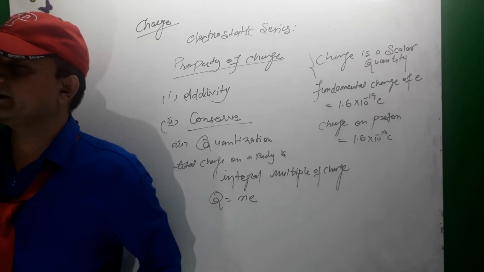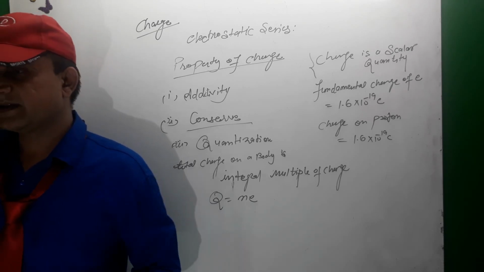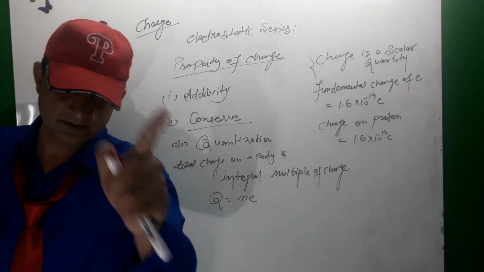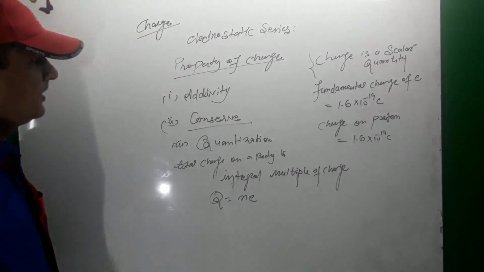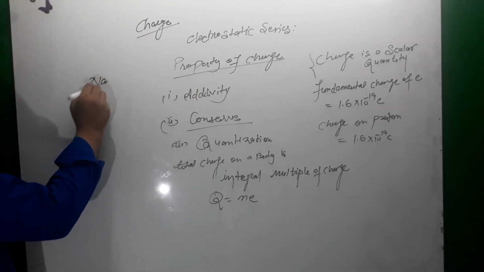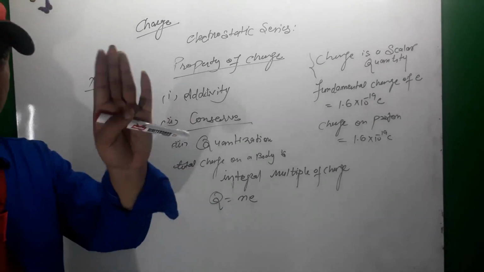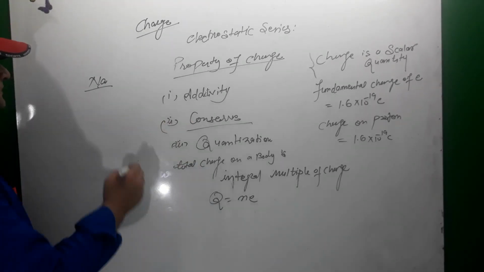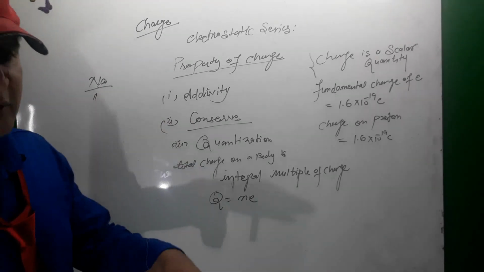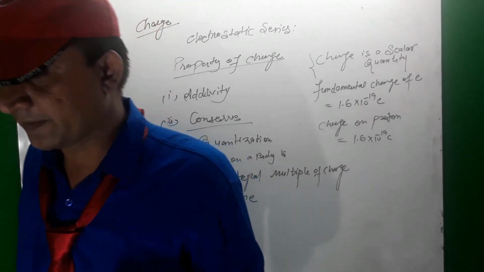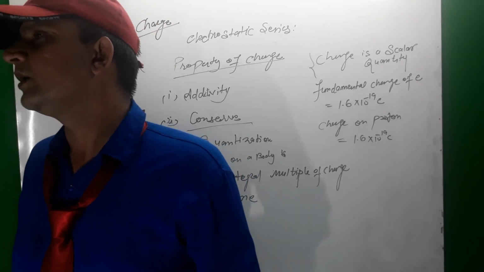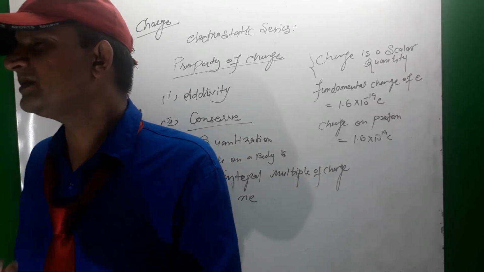So what are you understanding? I take one example. How many electrons does sodium have? 11. Now I am going to find the total charge on sodium. So how much charge will be on sodium?